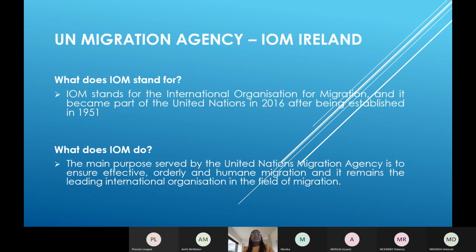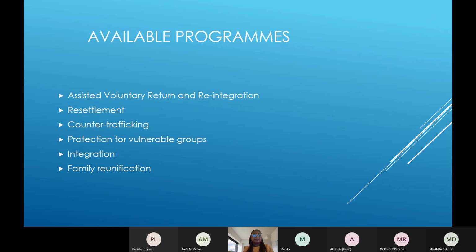So IOM stands for the International Organization for Migration, and it became part of the United Nations in 2016 after being established in 1951. In terms of what it does, the main purpose that IOM serves is to ensure effective, orderly, and humane migration, and it remains the leading international organization in the field of migration.